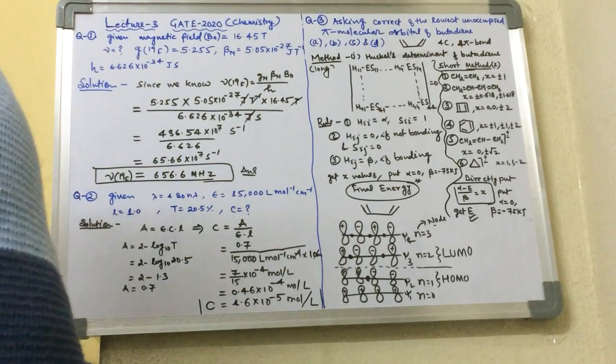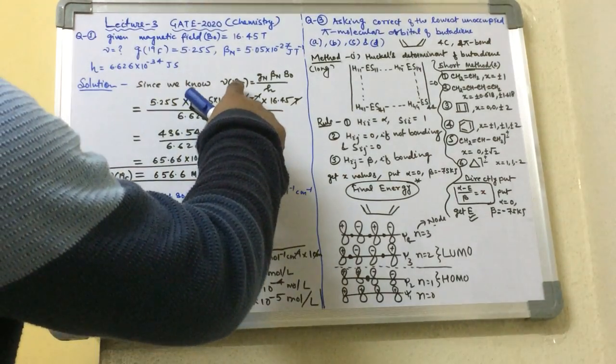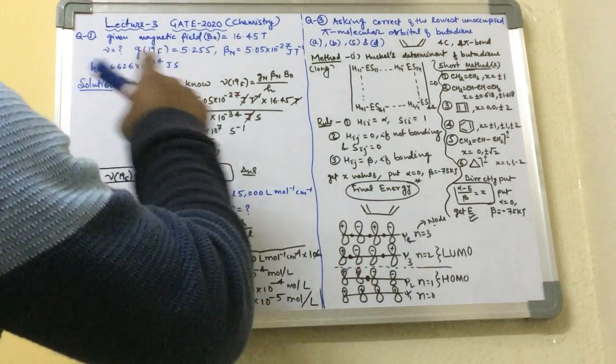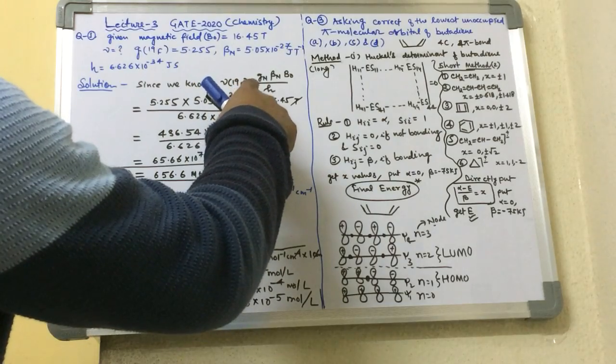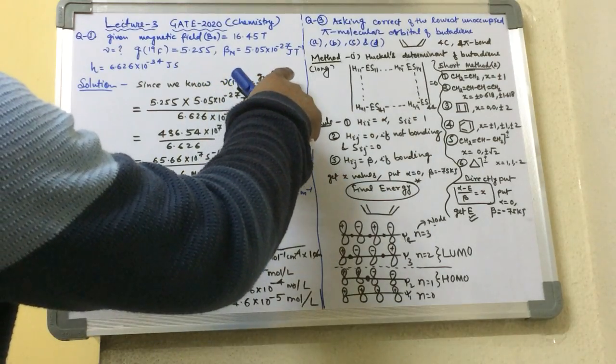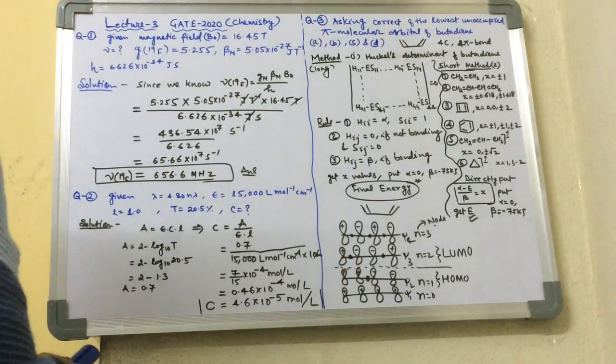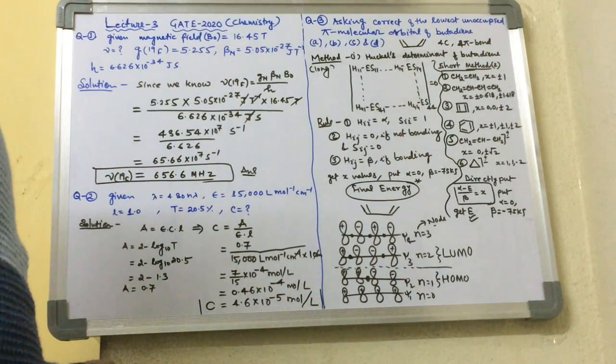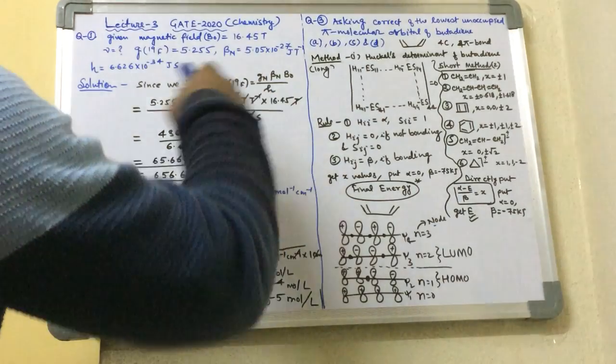So simply, we know the resonance frequency nu, I am calculating for 19 fluorine, is equal to g_n beta_n B_0, where B_0 is the magnetic field strength, divided by Planck constant.